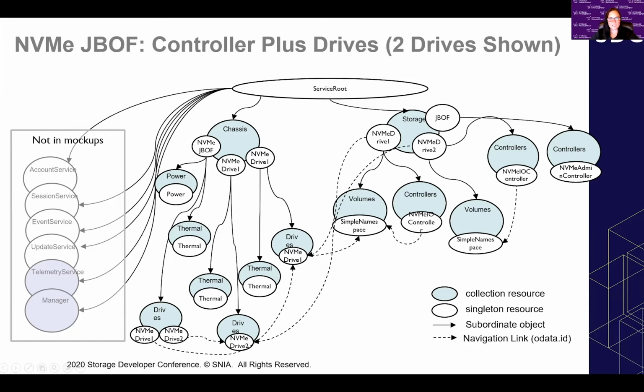So you get that admin controller, which is the JBOF, and then you get the IO controllers for each drive, and again, there's only 2 of the drives shown. I know if you tried to show all 7 drives, it'd be crazy. This one's actually a little bit easier to look at if you go look at the mockup itself and navigate around.